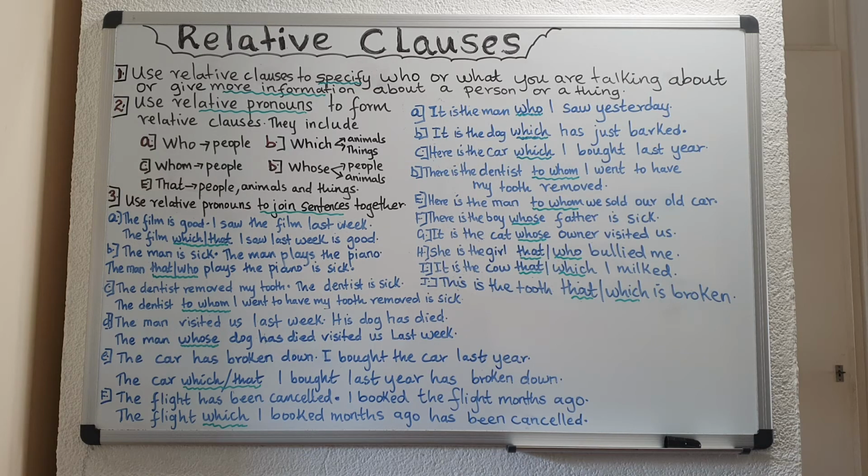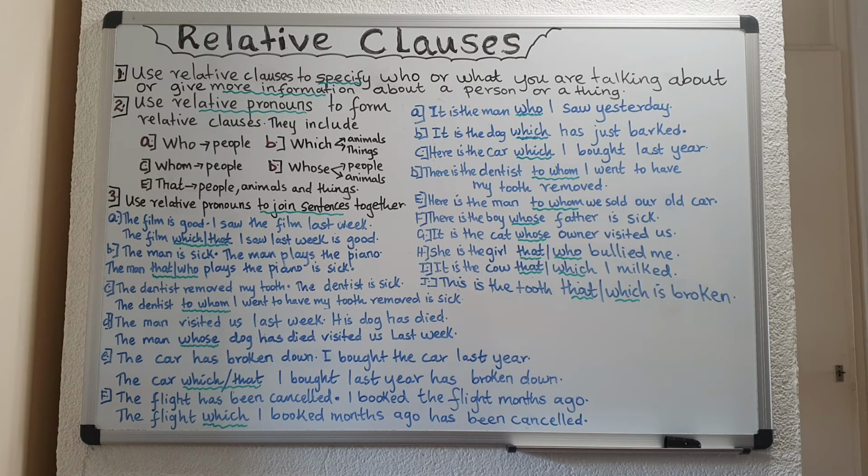Now, H. She is a girl that bullied me, or she is a girl who bullied me. Imagine that there are several girls standing outside and you want someone to know exactly which girl bullied you. Then you would say, she is a girl who bullied me, or she is a girl that bullied me.